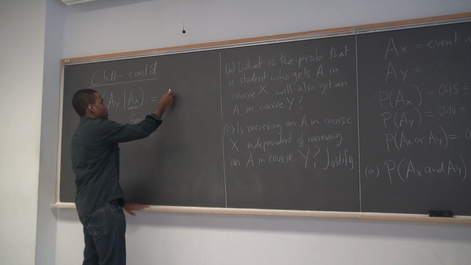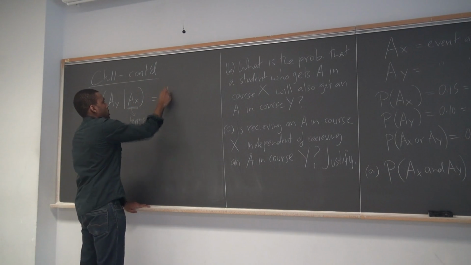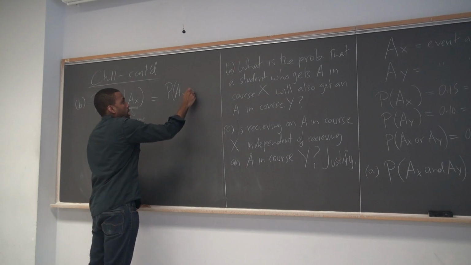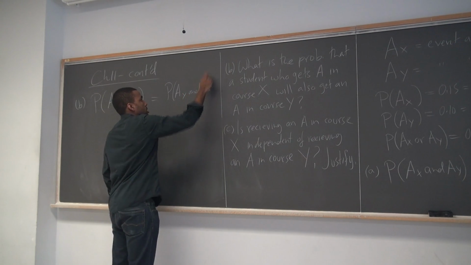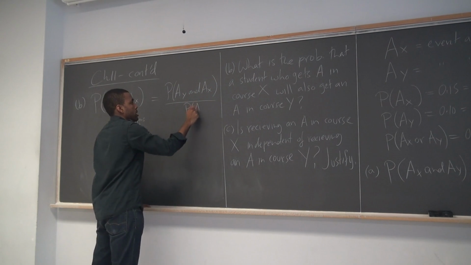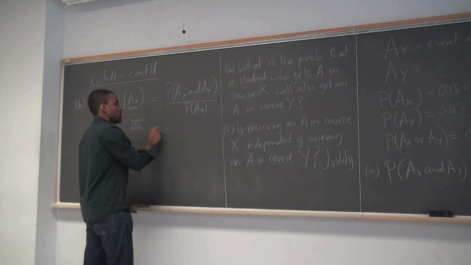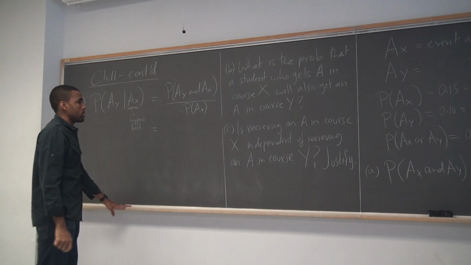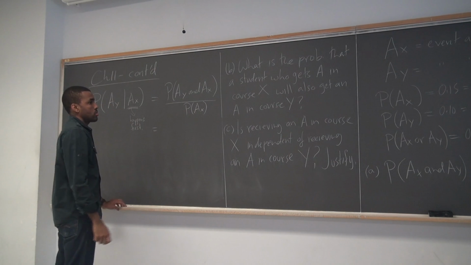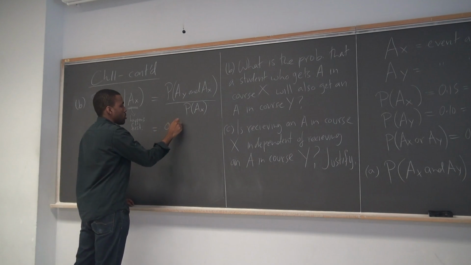Let's do the formula. So what is this? P of AY and AX over P of AX. So what are those numbers? 0.015.